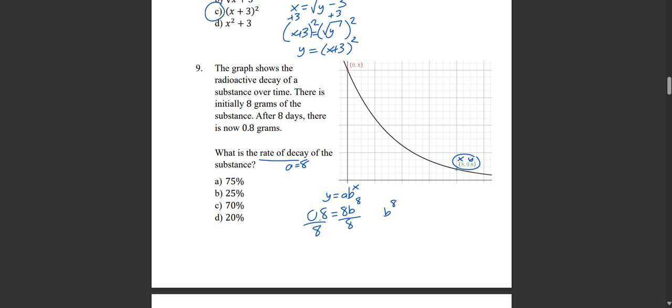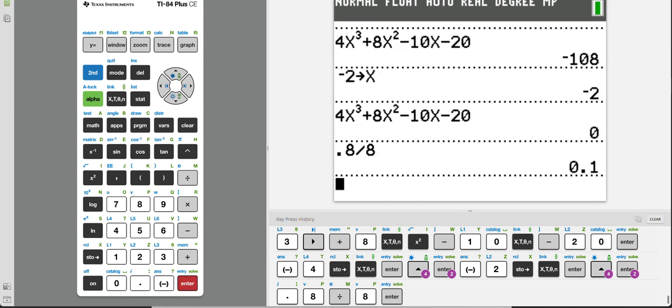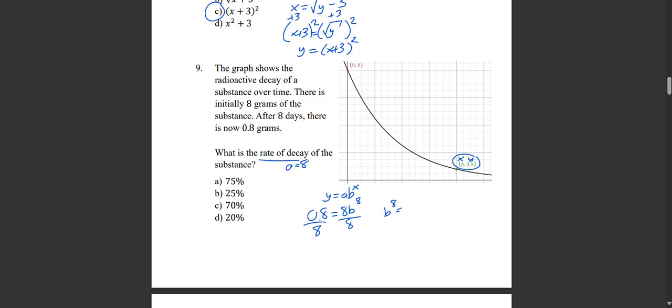So b to the 8th power is 0.8 divided by 8, which is 0.1. And then, right, if I'm getting rid of a square, I need a square root. If I'm getting rid of a cube, I need a cube root. If I'm getting rid of an eighth, I need an eighth root. So the eighth root of 0.1.